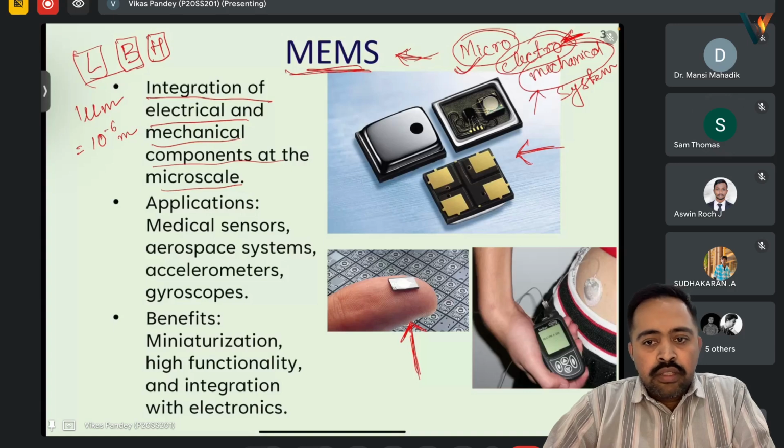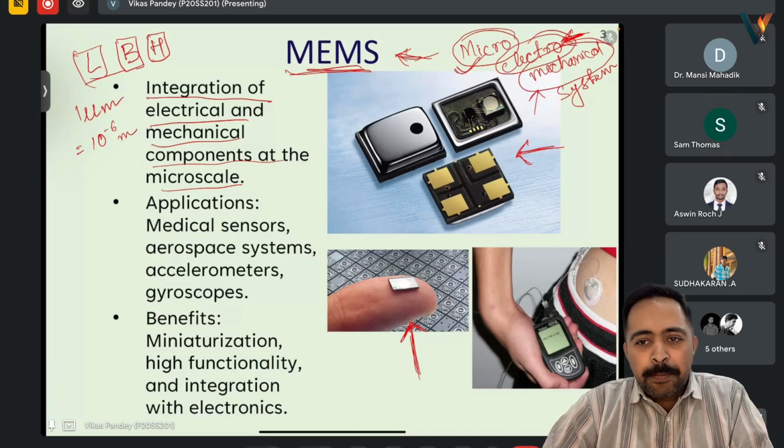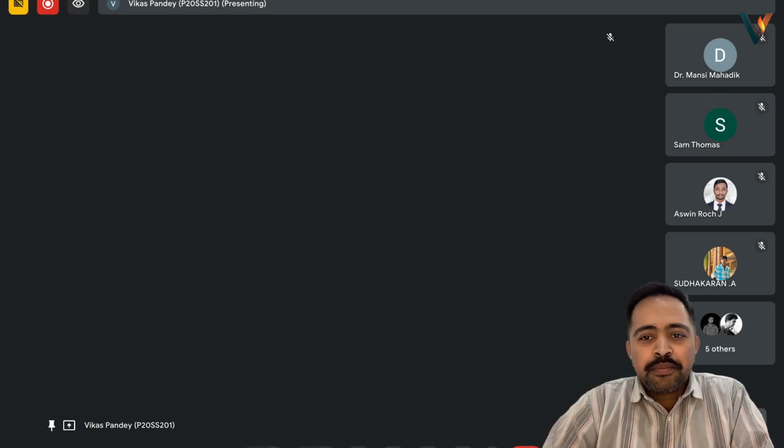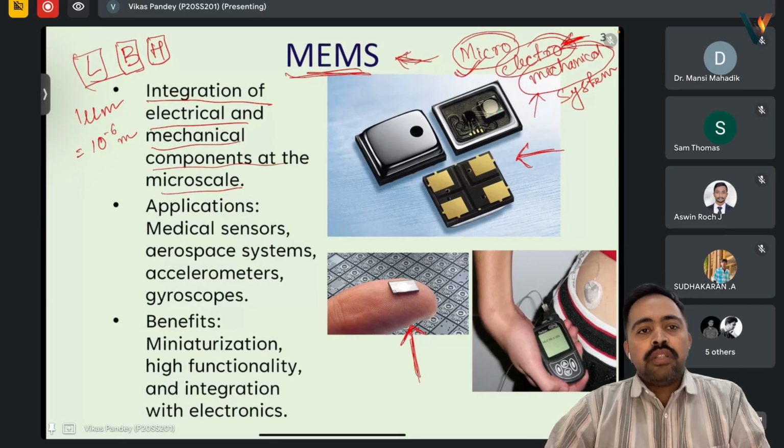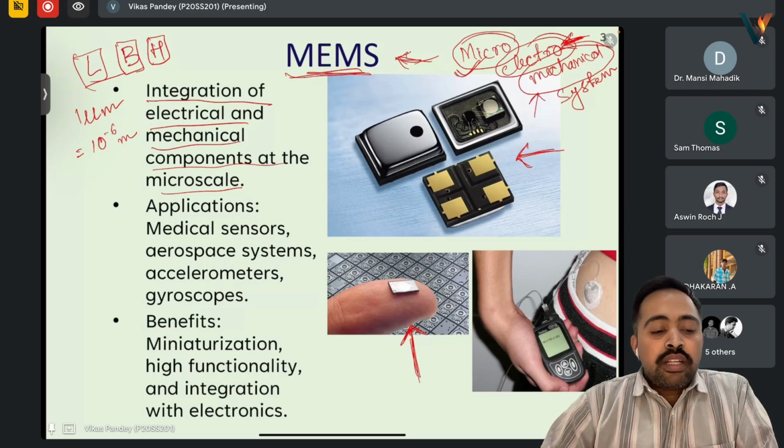Yes. Any other guesses? So you people know about this. This is called diabetes, right?